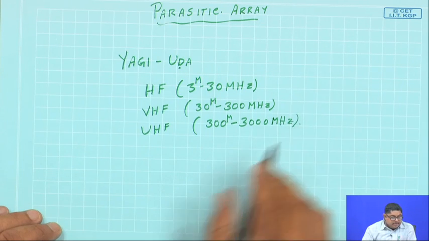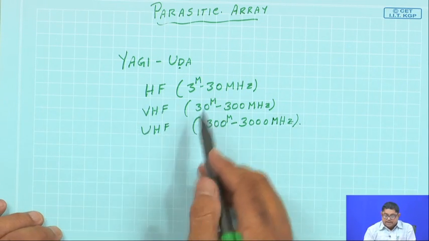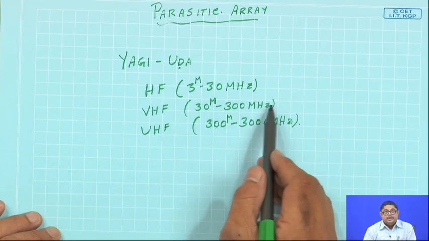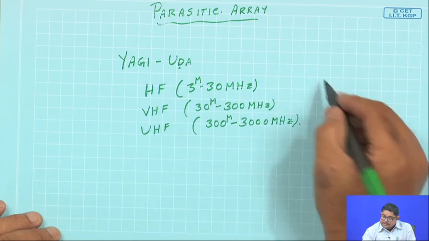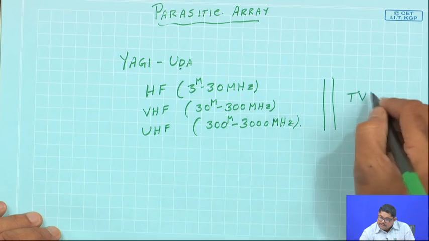TV transmissions initially were in one zone, then moved to another. In all these cases, the application is TV transmission.